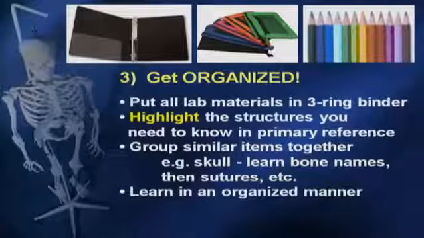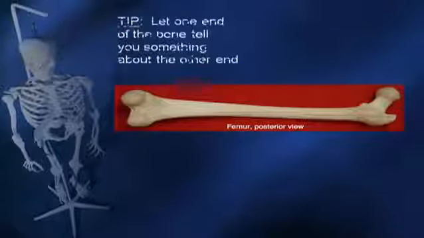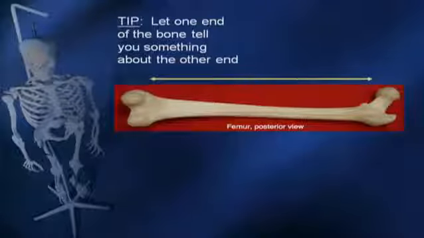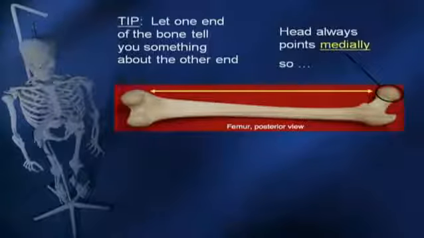Finally, another example of learning in an organized manner would be like what we see in this next slide. This is an example of the long bone that we showed earlier, the femur, longest long bone in the body. A good tip for this one, as is shown in the slide, is: let one end of the bone tell you something about the other end.